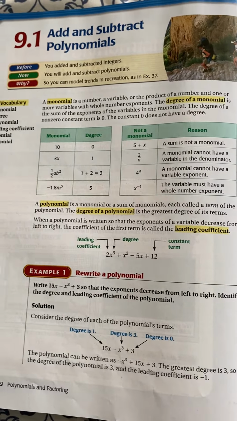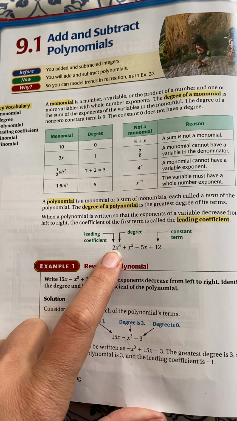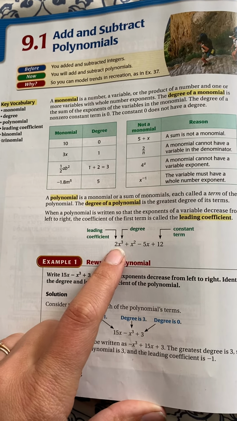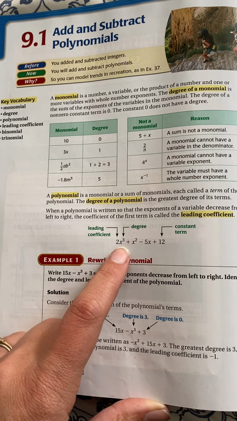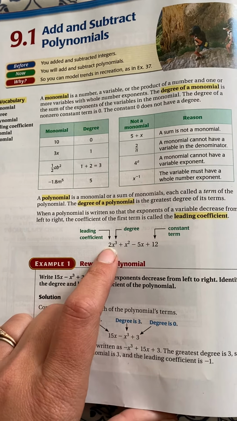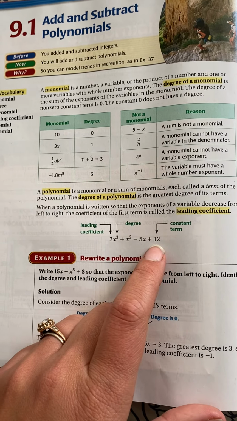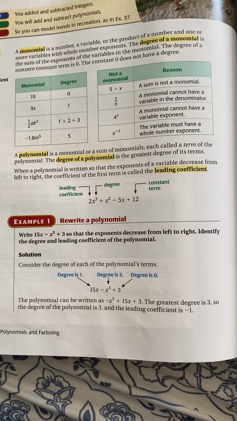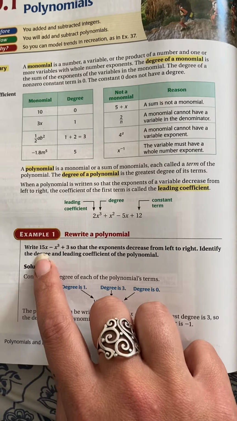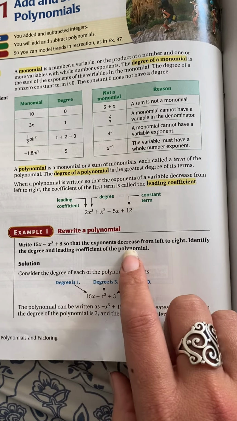And the leading coefficient is the first term, that 2. And then the constant term is this at the very end, the 12. So, write 15x minus x cubed plus 3 so that the exponents decrease from left to right.